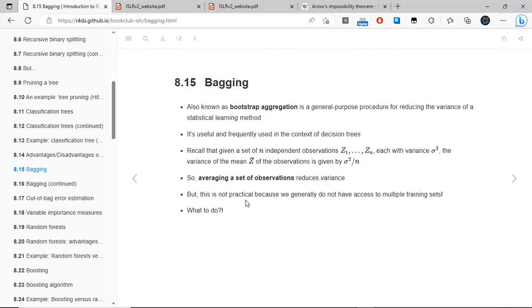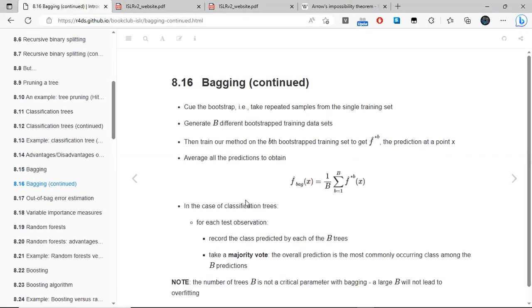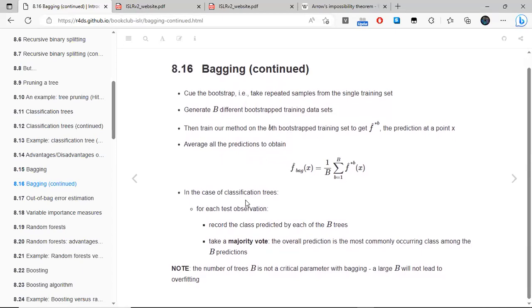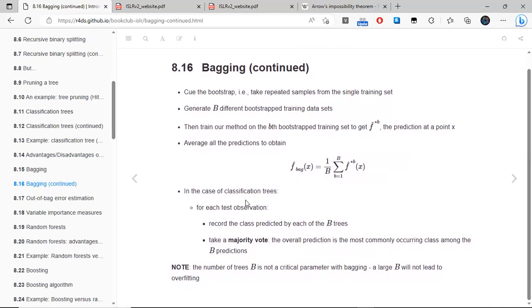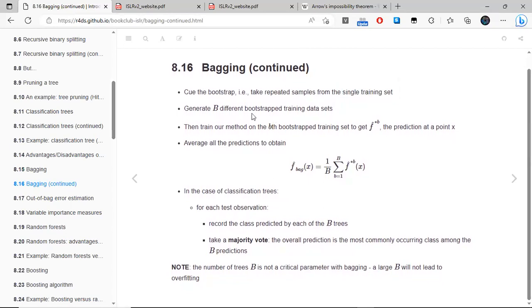However, we not necessarily have access to a bunch of samples. So we can do as before, as we saw for Bootstrap, and that is simply taking repeated samples with replacement out of the single training set that we had in the beginning. So these would be the Bootstrap training data sets.